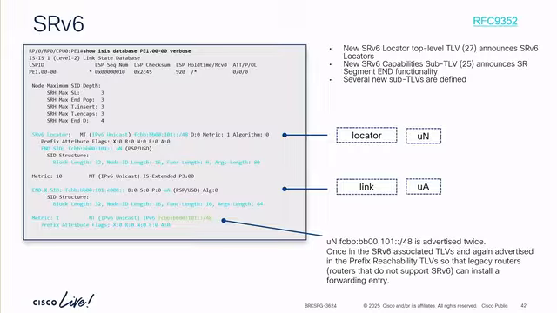And then per interface, at least, you will have one UA, a micro-SID adjacency. You can see the format, F3216, so 32 bits for the block length, 16 bits for the node ID. Together, 48 bits. That's what you need to verify per router.